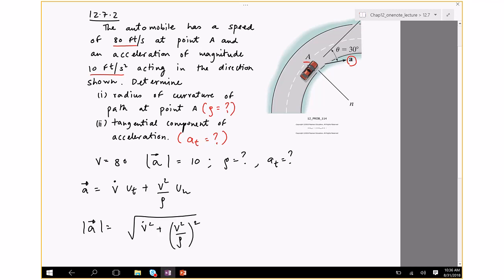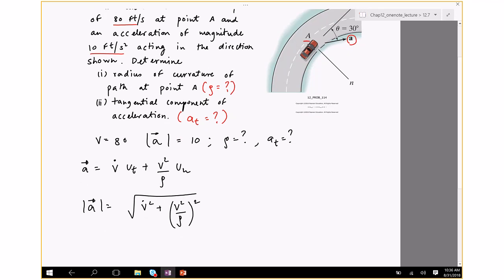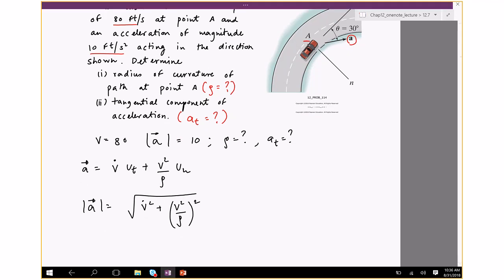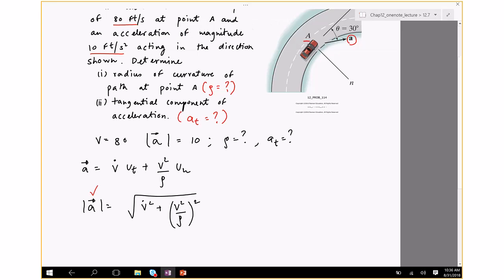So acceleration is given, v dot is an unknown, rho is an unknown, and v is given, right? V is given to be 80.